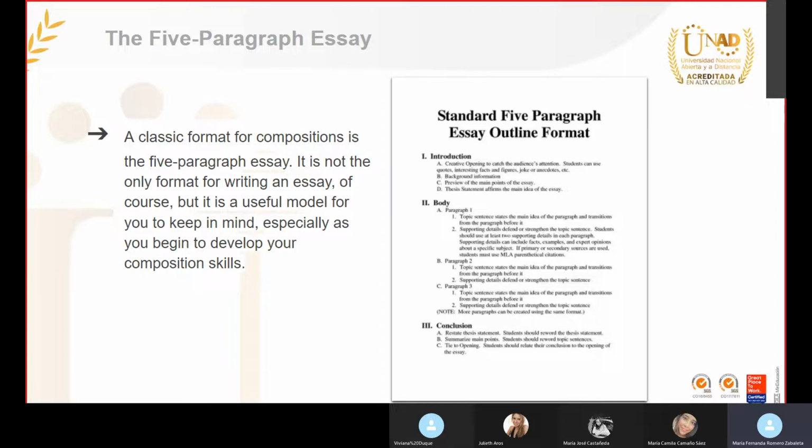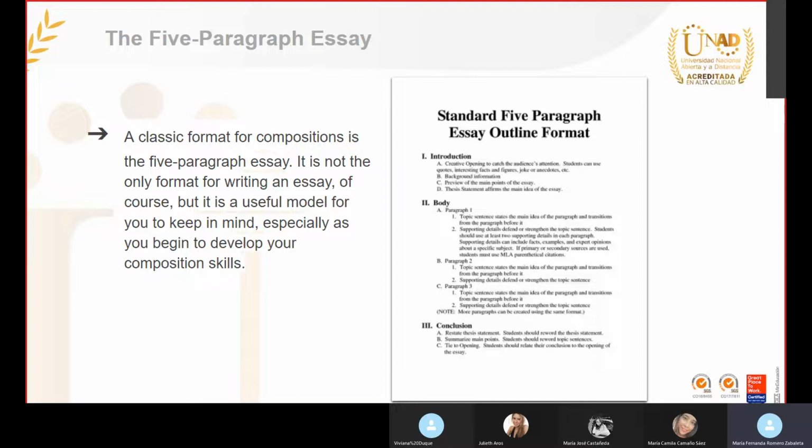Obviously it is not the only format that exists, but it is a useful model to keep in mind, especially if you don't really know how to compose a text, and if you are beginning to develop your composition skills in English, it is really useful.